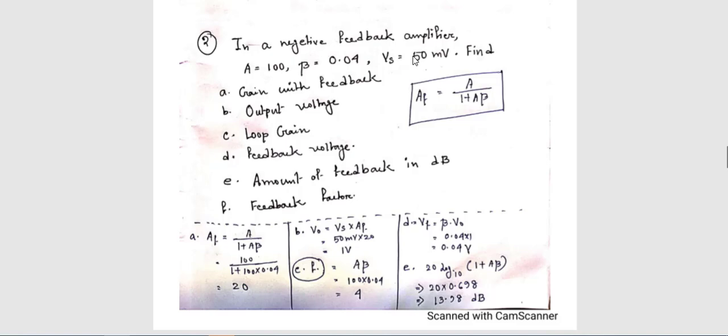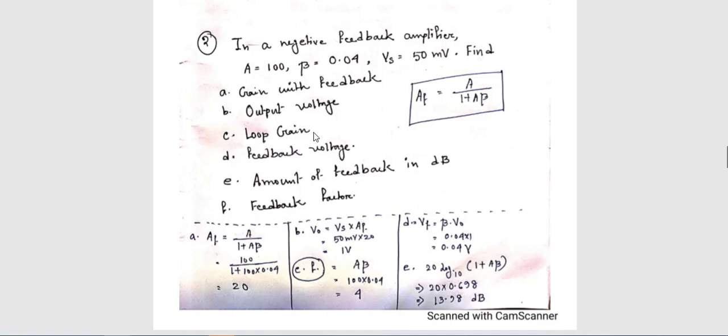That means you have to consider the closed loop gain, or the gain with feedback, which you have already calculated, that is 20. And the input voltage is given as 50 millivolt. So your answer will be 50 millivolt into 20, that means 1000 millivolt, which is 1 volt.